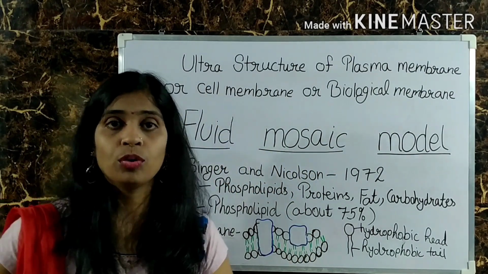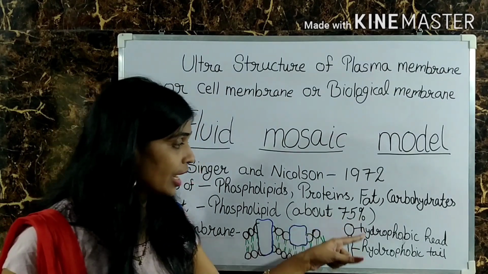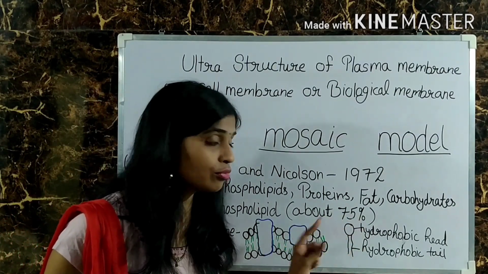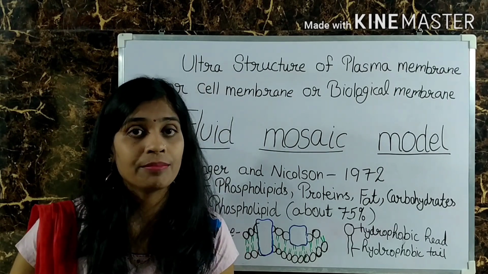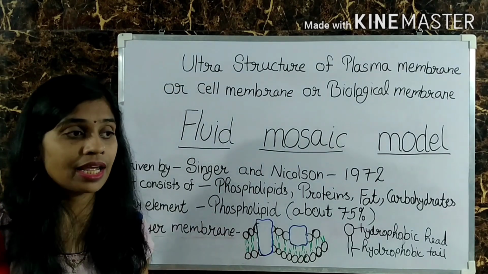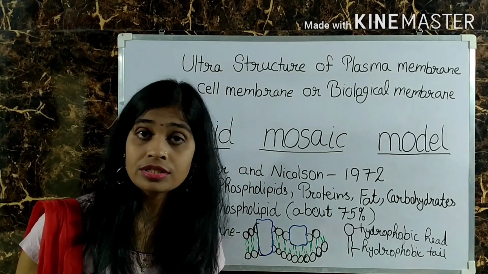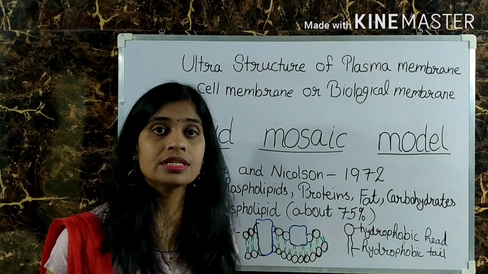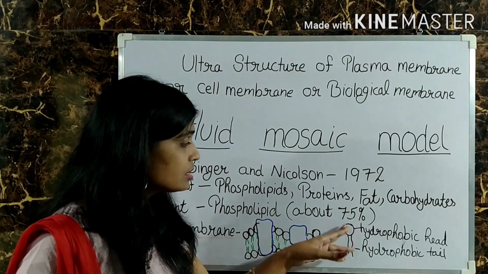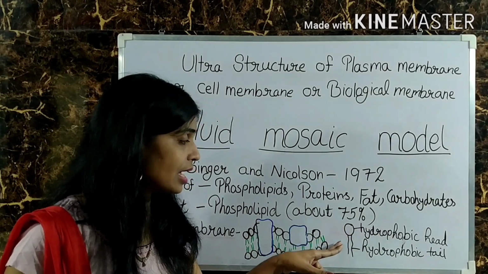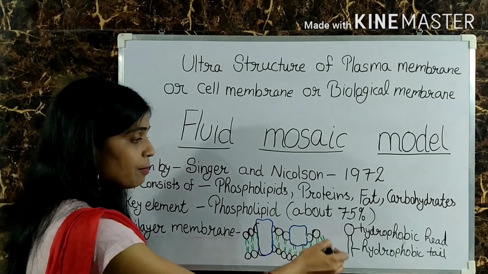The hydrophobic word is used for water or fluid. The head and the tail provide flexibility to the plasma membrane, so the plasma membrane can perform different functions like endocytosis and exocytosis. We will learn about endocytosis and exocytosis in the next class. So this is the structure of the phospholipid, and the fluid mosaic model is made up of a bilayer of these phospholipids.